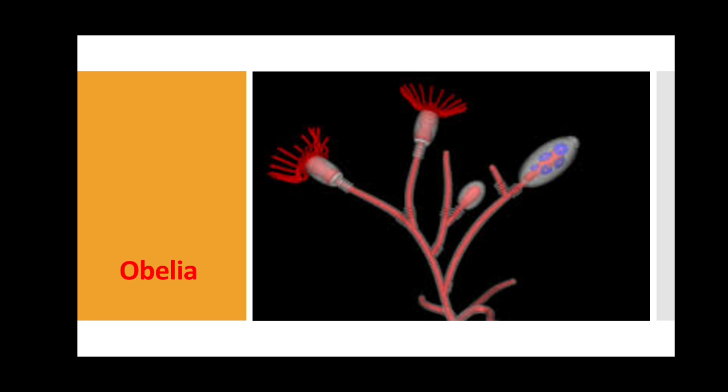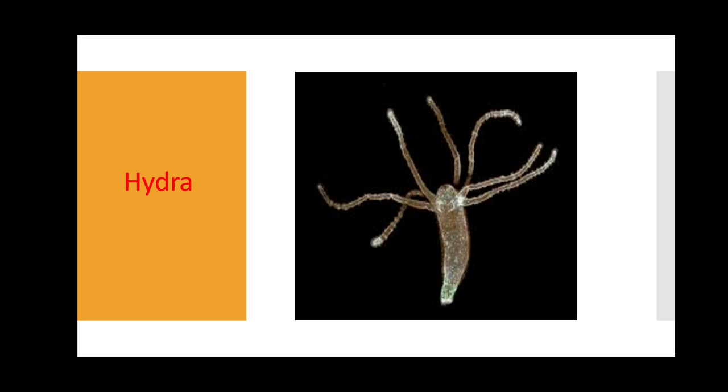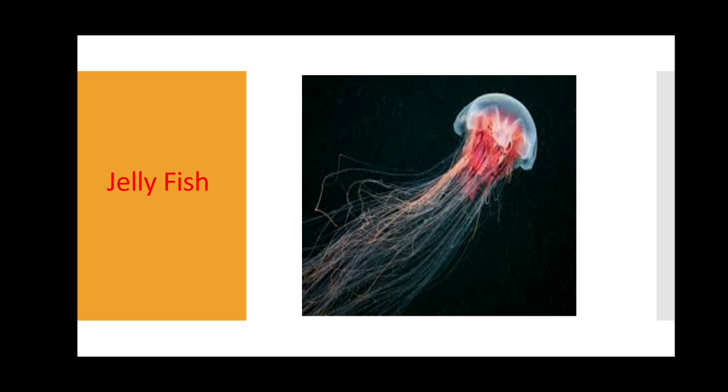The structure below the red floral structure is called gastrovascular cavity. In the next you can see hydra, and this is the jellyfish. So these three are the examples of cnidarians.